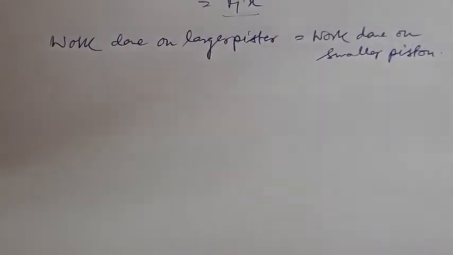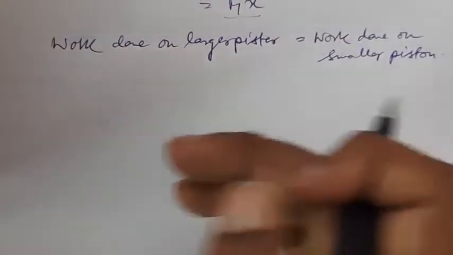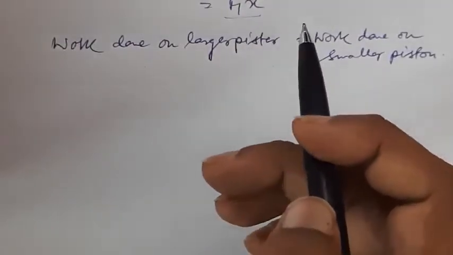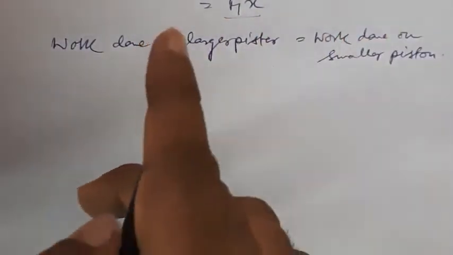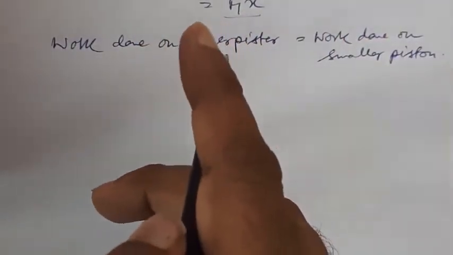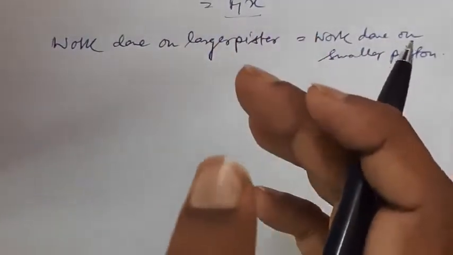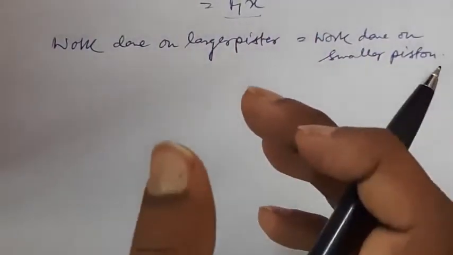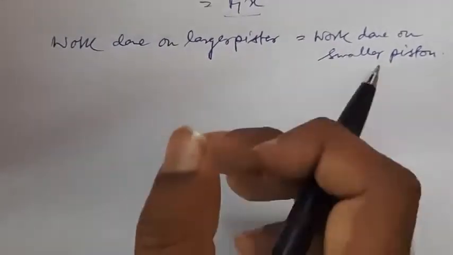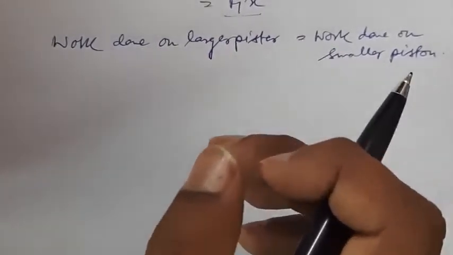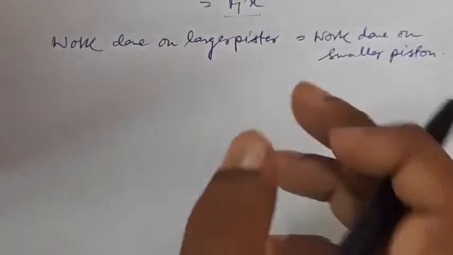Or in other words, the energy expended on the smaller piston can be recovered as the work done by the larger piston. So the principle of conservation of energy is not violated but is valid in this case.